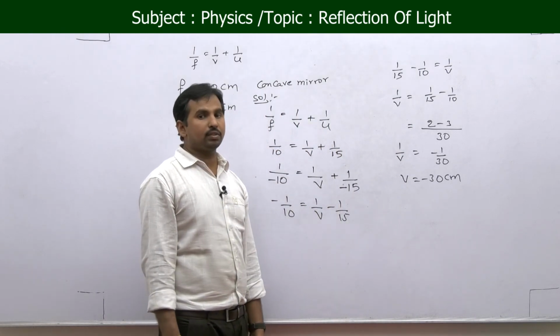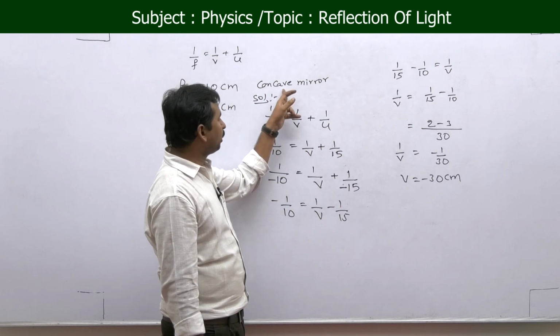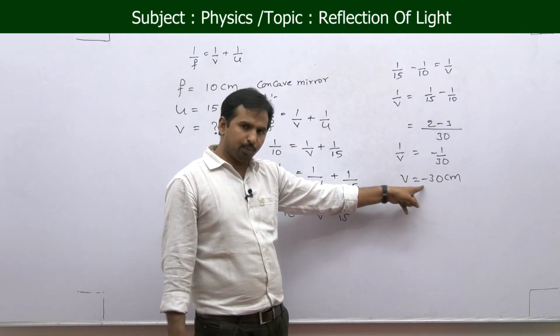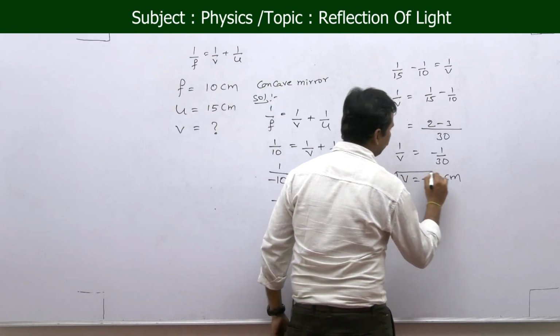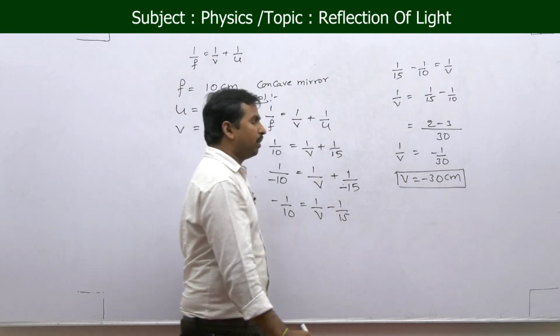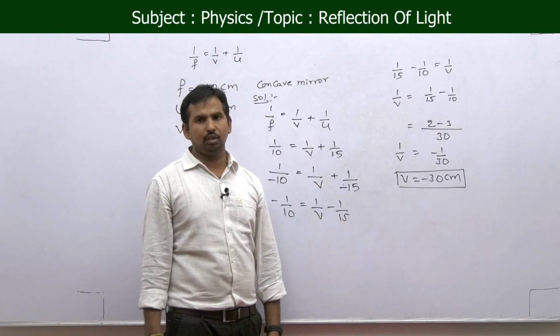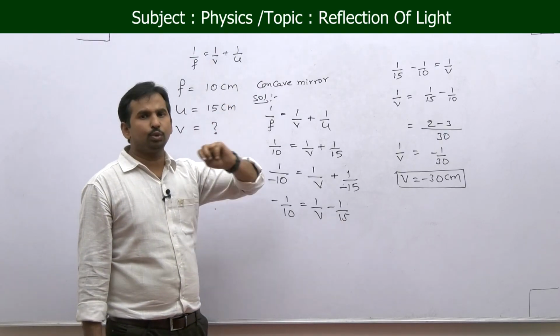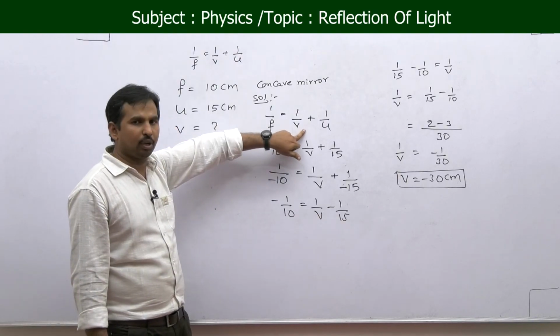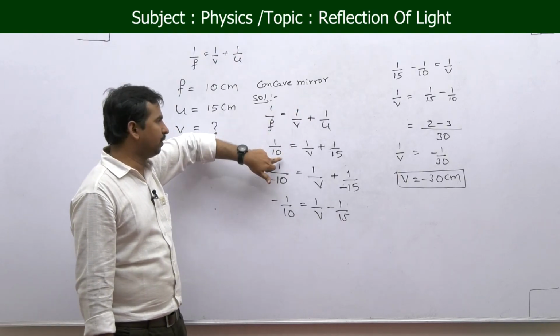For the case of a concave mirror, the image distance is negative. That's why here we are getting the v value as negative, which is minus 30 centimeters. Now see that again. What we have to do is only two things. First, after writing the formula, simply substitute the given values.